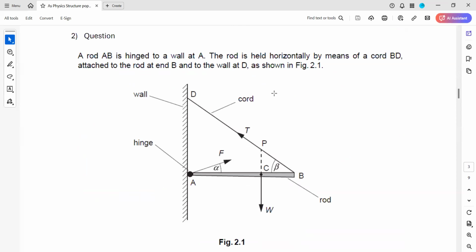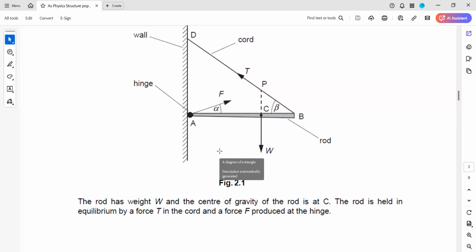The next is: rod AB is hinged to a wall at A. The rod is held horizontal by means of a cord BD, as you can see, attached to the rod at B and the wall at D, as shown in the figure.